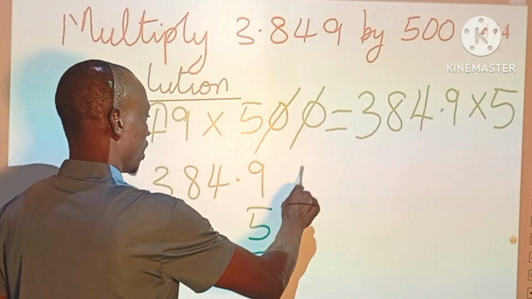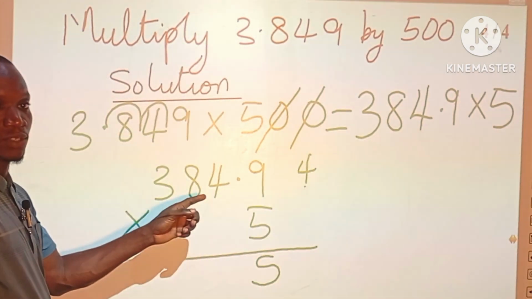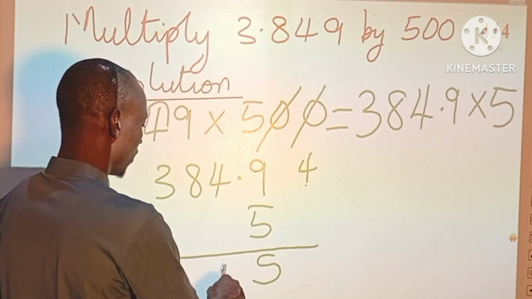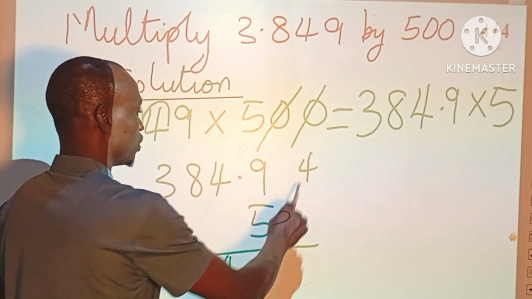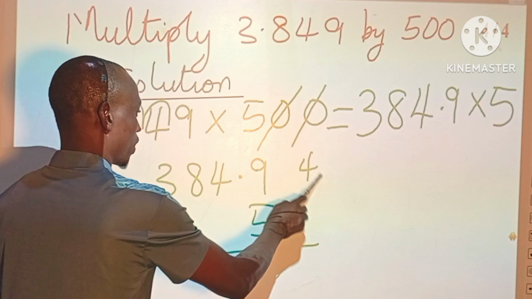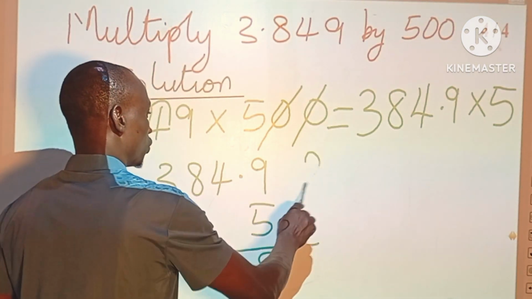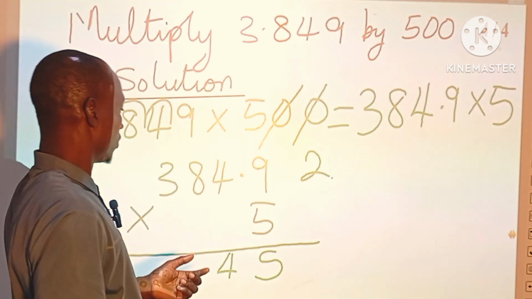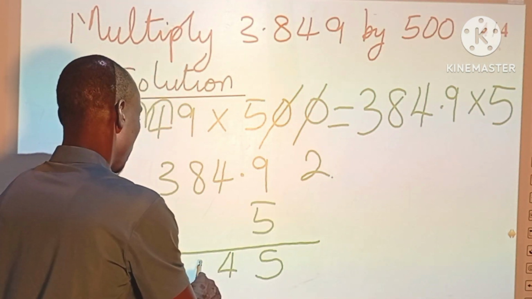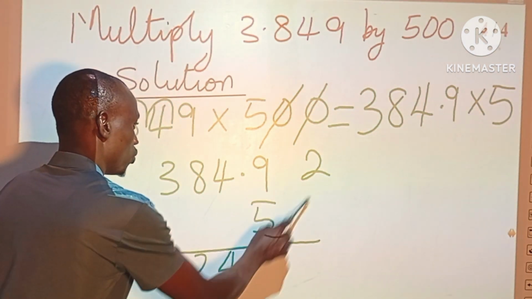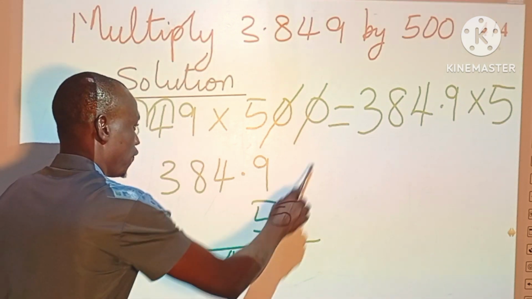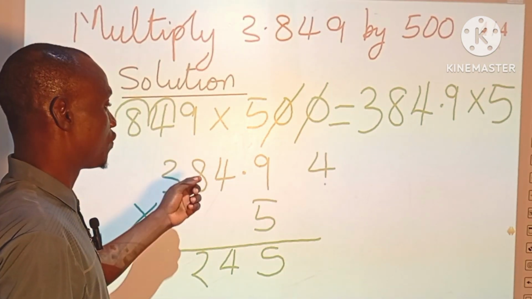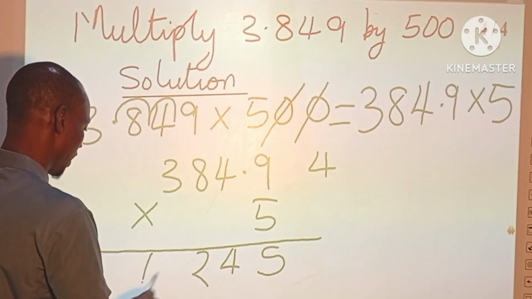Put down 5, carry 4. 5 times 4 gives us 20. 20 plus 4 gives us 24. Carry 2. 5 times 8 gives us 40. 40 plus 2 gives us 42. We put down 4. 5 times 3, 15. 15 plus 4 gives us 19.